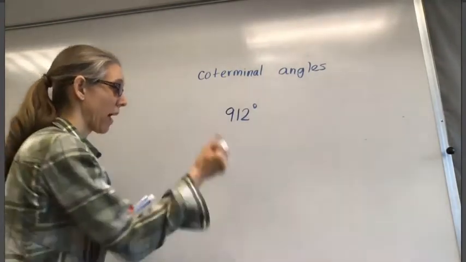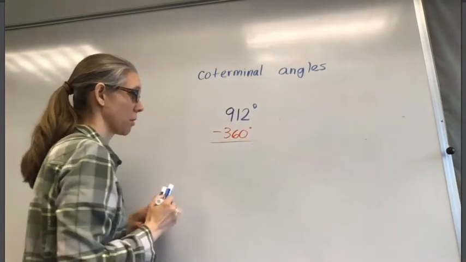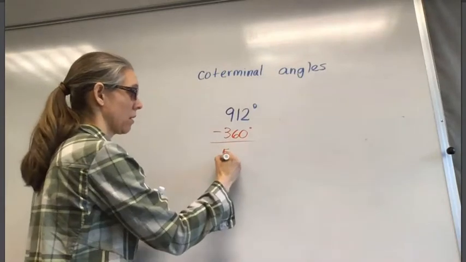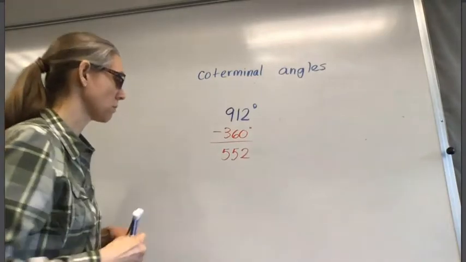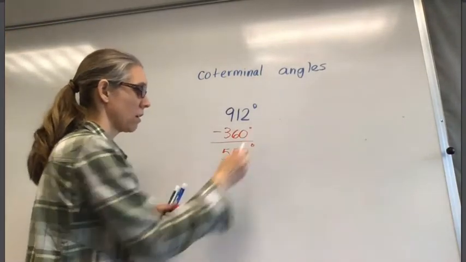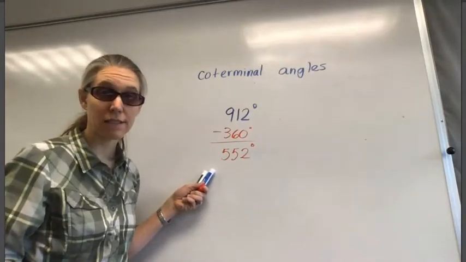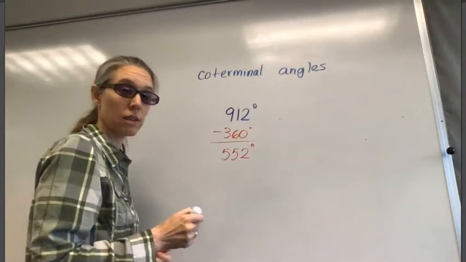So if I subtract 360 degrees from this number, I end up with 552, right? 8, 9, 12, yes, 552 degrees. 552 degrees is coterminal with 912 degrees.